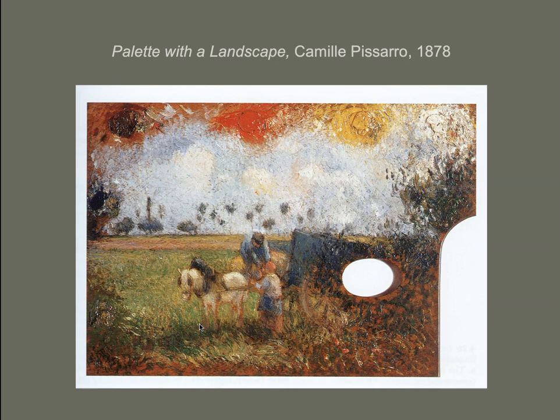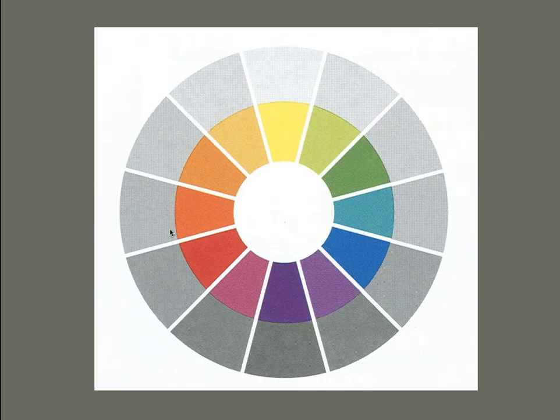Here, the artist has used colors that are only on the color wheel. So we have the primary red, blue, and yellow. And then we have the secondary colors that are green, orange, and I don't really see any purple in here, but basically primary and secondary colors the artist has used.